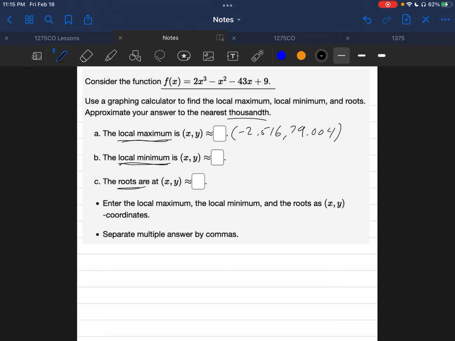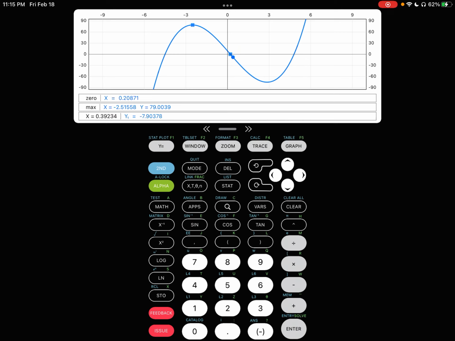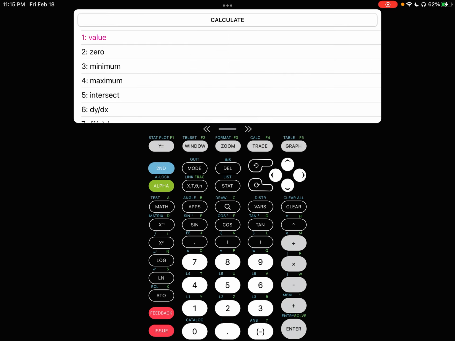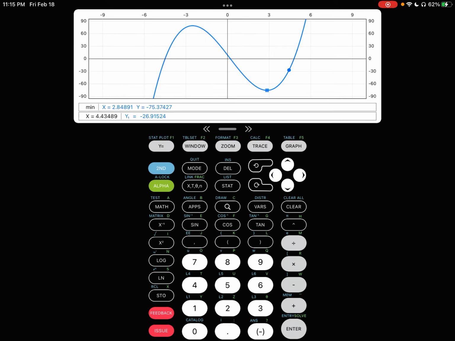A local minimum is going to be very, very similar, but again, for the local minimum, we are looking for the bottom of the valley over here. The only slight difference is you're going to choose in the calculation menu, number 3, minimum instead of maximum. It's still going to ask you for a left and right boundary, so you can hit enter. And make sure again that your boundaries include that minimum and only that minimum.